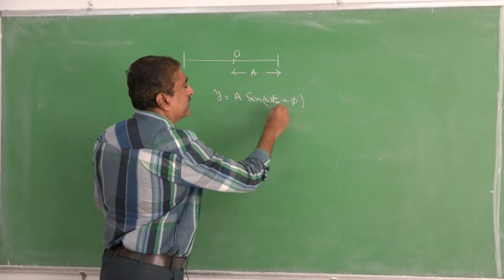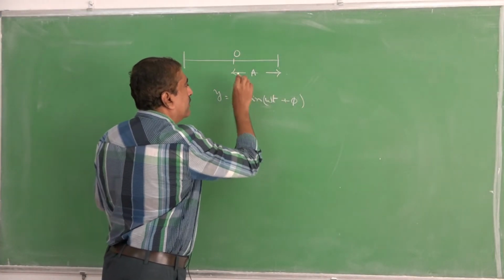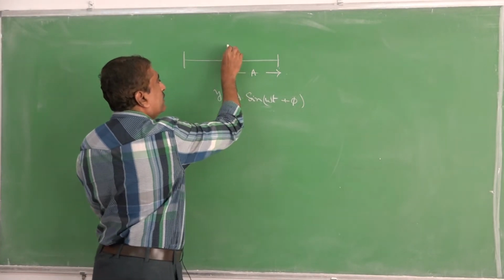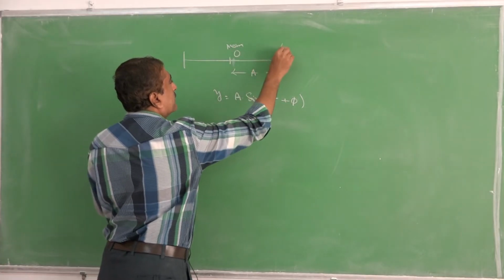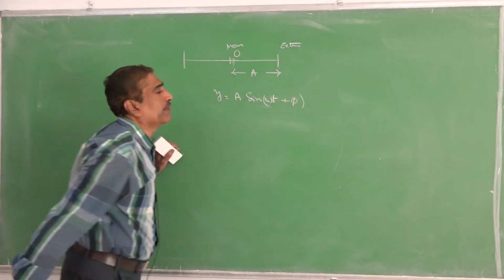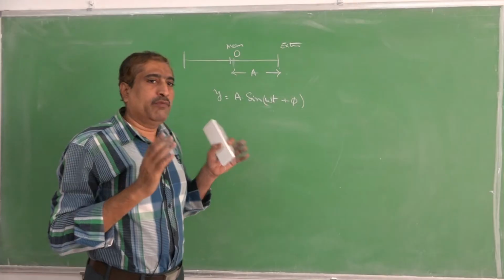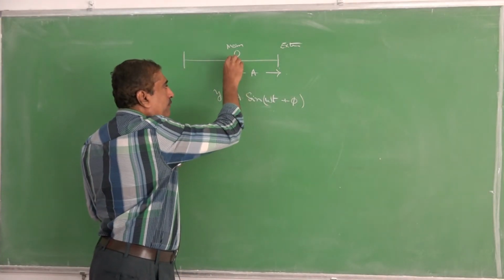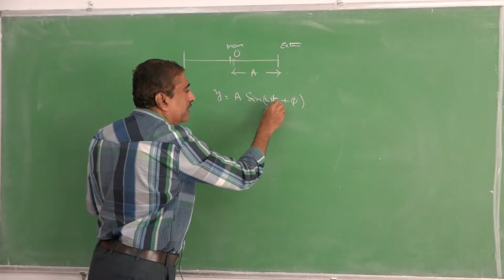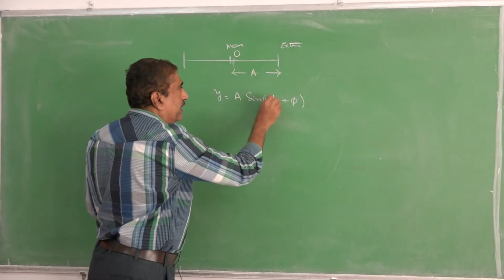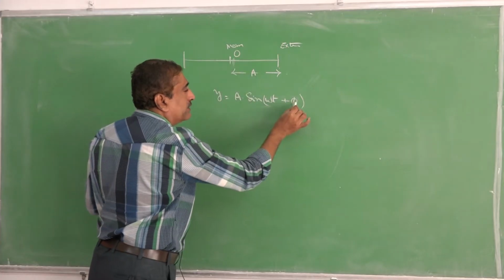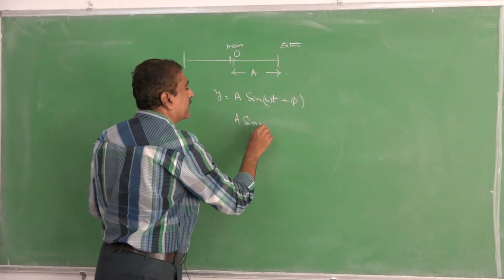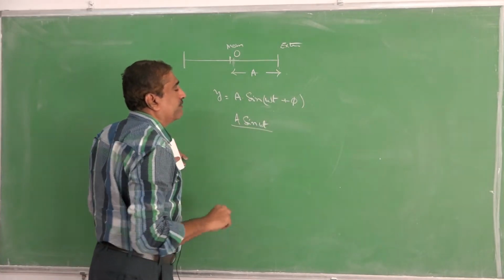Now, in this, if the particle starts from the mean position, so this is the mean position, this is the extreme position. Okay. That means at the time we start counting the time, it is at the position O, the mean position. That means when t is equal to 0, if the particle is at this position, then the phase difference is 0. Suppose if the particle, we have to represent like this. Okay.